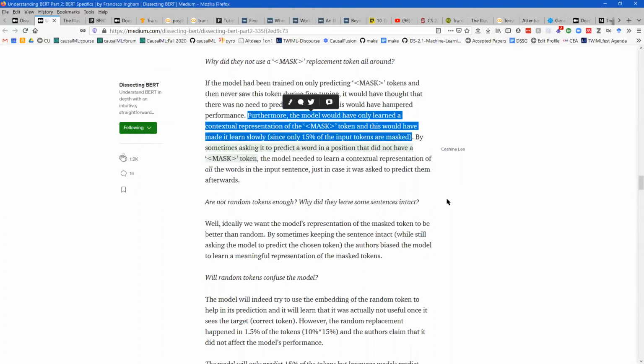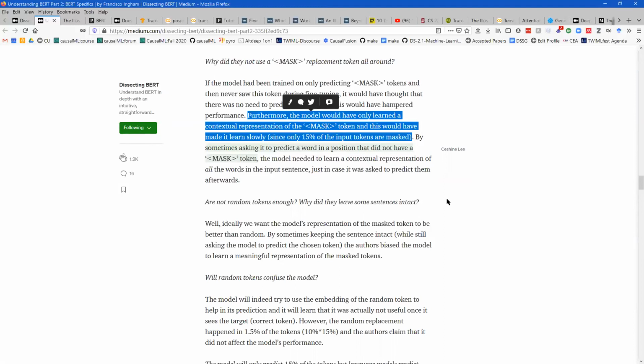Yeah, and it needs to learn all of the words, because any of the words could be masked, or it could be the word that is actually being asked to be predicted and is the actual word in the sentence. 10% of the time, it's being forced to predict the right word. Correct. So that's kind of guiding it. Right. The 10% of the 15%. Yes, so that's 1.5%.